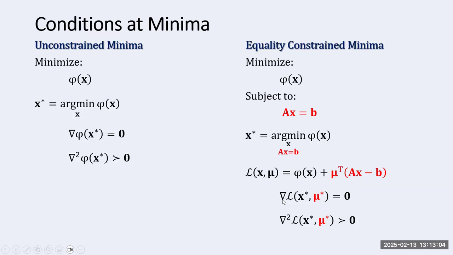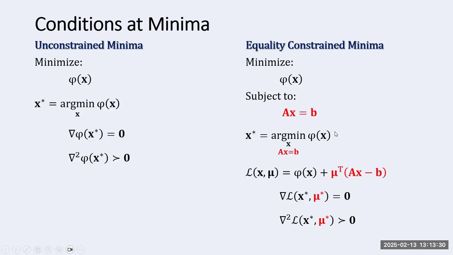The gradient of the Lagrangian with respect to x must be equal to 0, and the second derivative of the Lagrangian must be positive definite. This is with respect to x, del x and del squared x, not mu.